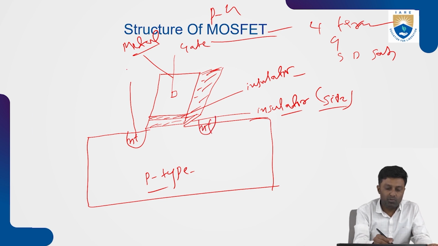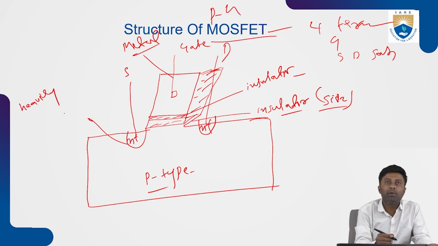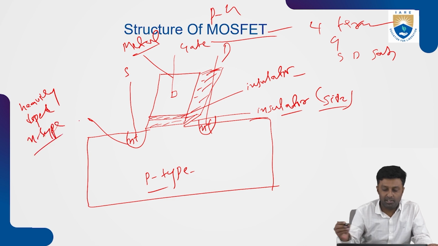These are heavily doped N type materials, heavily doped with n-type electrons. So we have source, drain, and the gate.